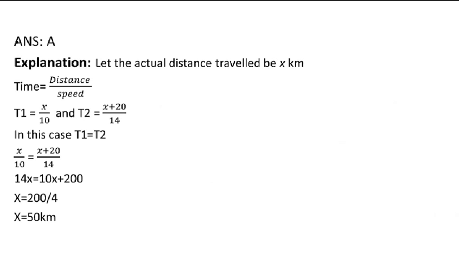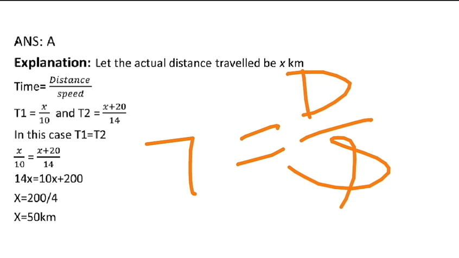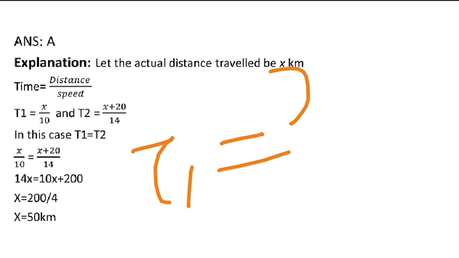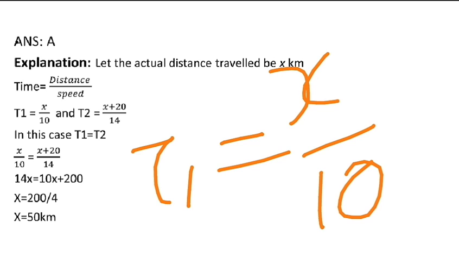Let the actual distance traveled be x kilometer. You know the formula: time is equal to distance by speed. Here we get two equations. One equation is for t1, that means actual distance traveled, that is x, and speed, that is 10 km per hour.